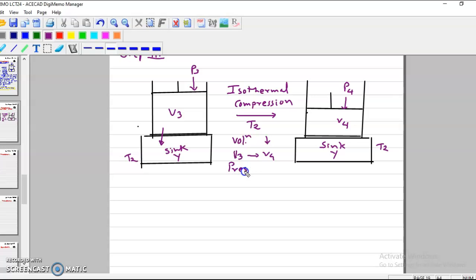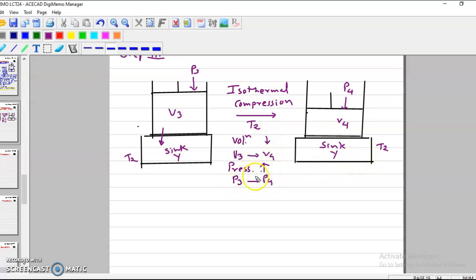Pressure from P3 to P4 slightly increases. So P4 is greater than P3, therefore pressure increases from P3 to P4 because volume decreases, and temperature remains constant.